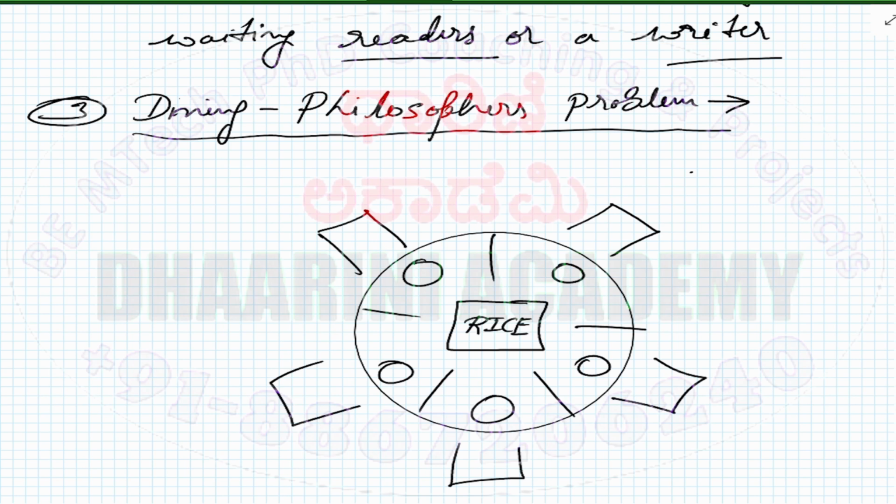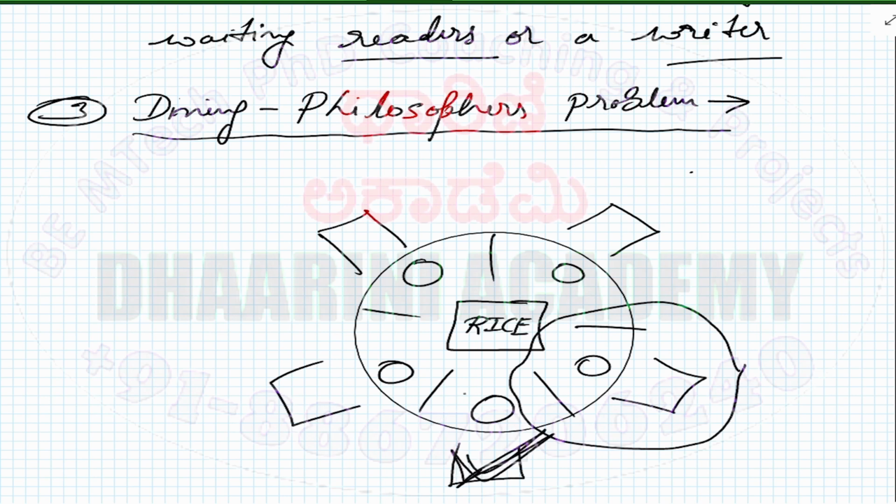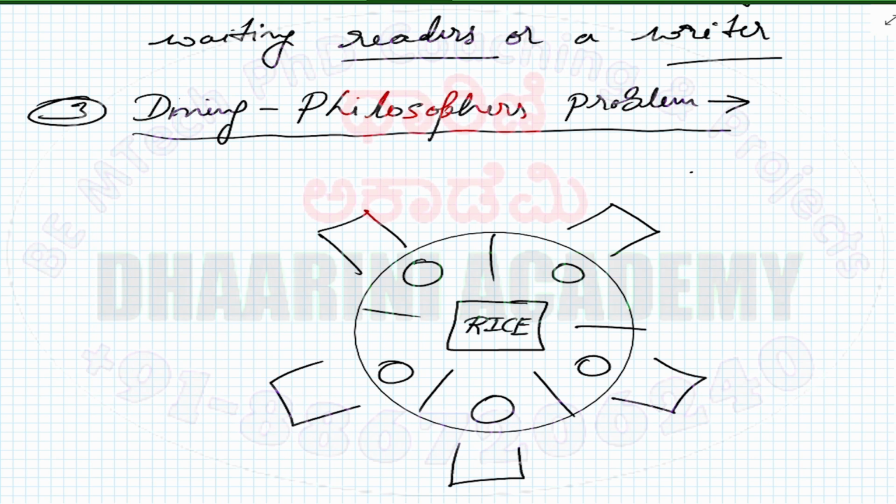For example, when this philosopher has taken these two, the neighboring philosopher wants to pick up, but can take only one because the other one is already occupied. So it's a problem related to the total resources available. A finite number of resources are available, and you have more demand for them. Okay, so let's continue the problem.